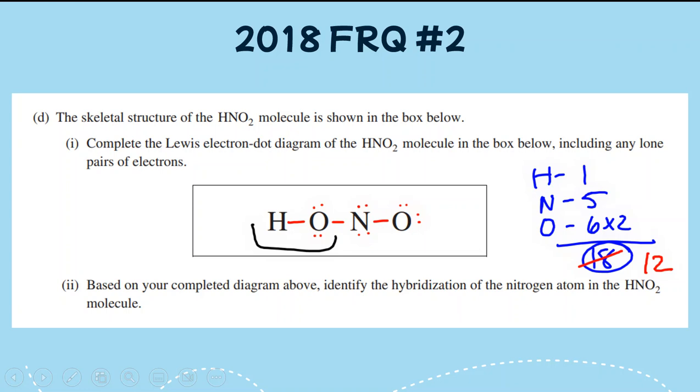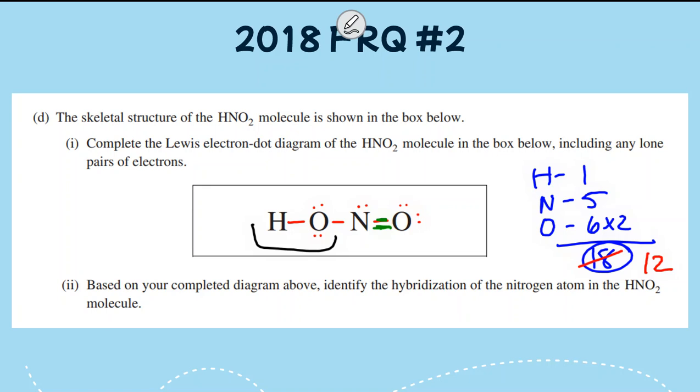So what should I do here to fix it? A double bond. We want a double bond from the N. That gives us the best formal charge: 2 bonds for the oxygen with 2 lone pairs, and 3 bonds for the nitrogen with 1 lone pair.